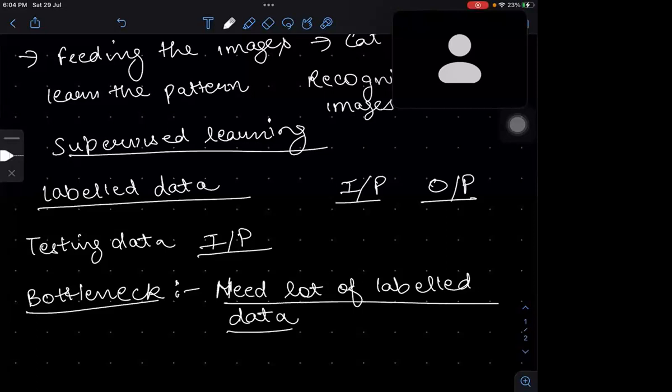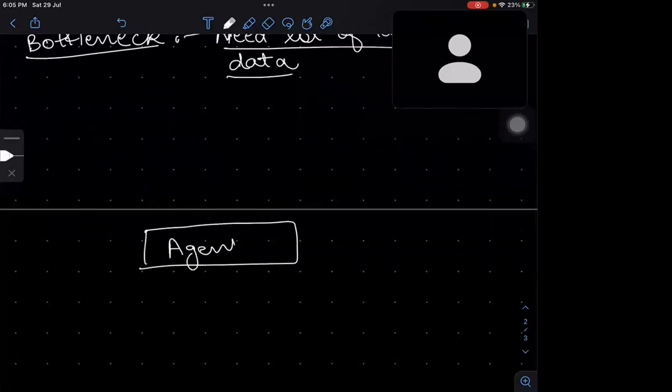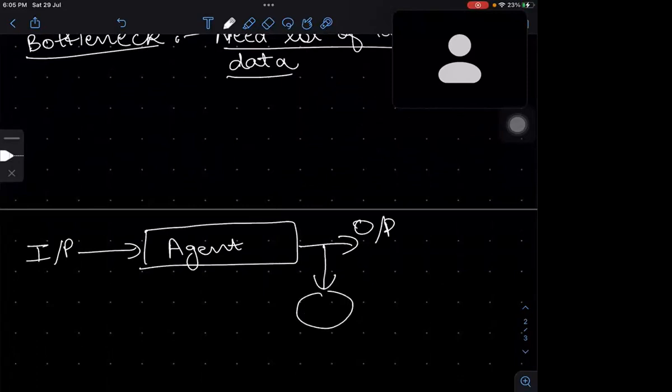That is the main bottleneck here. Got it? So what I'm doing basically, I come to this agent and I'm giving the input in supervised learning, the output is also given, and the target is here.